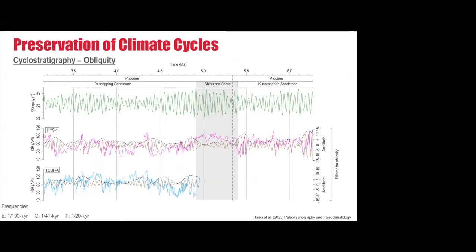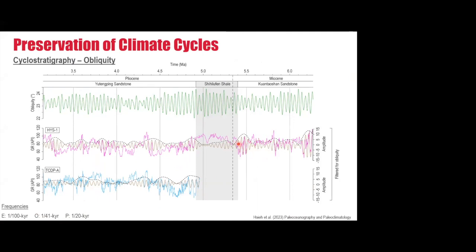So to evaluate how strongly eccentricity, obliquity, and precession show up in the gamma ray records, we filtered out any frequency outside of the cycle that we're looking at so that we can see how each individual orbital cycle is manifested in the gamma ray record. So as before, the pink and blue lines represent the HYS1 and TCDPA gamma ray records.